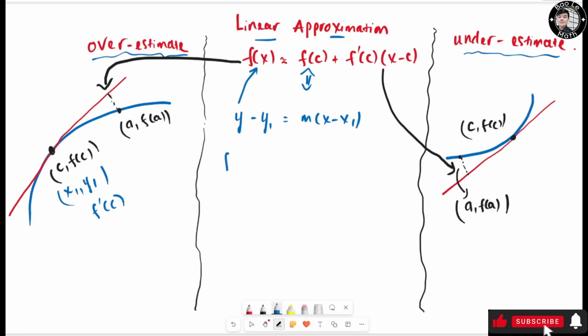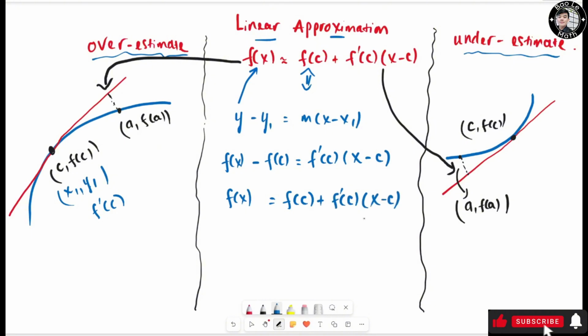So we have f of s minus f of c equals f prime of c times s minus c. I'm going to add f of c to both sides, so I have f of s equals f of c plus f prime of c times s minus c. That's how we get this formula.